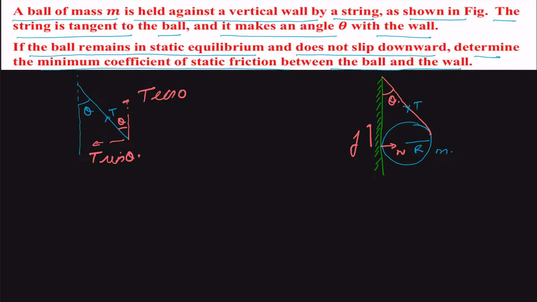This is the point of contact, let us call this P, and we have a center C. In the downward direction we have mg, and at point P there will be the normal, and this is our T sine theta.